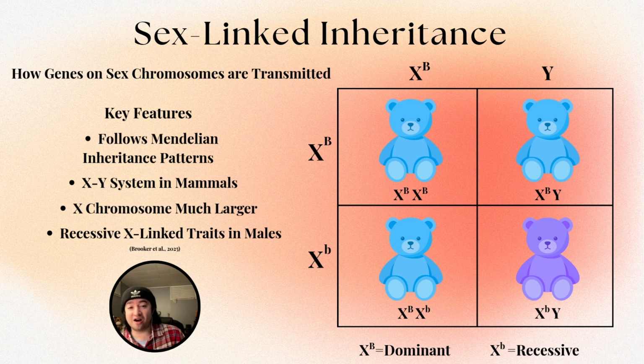So this Punnett square shows the combination of a blue male and a blue female and their estimated offspring. As you can see, most of the offspring will have blue fur, while one male will have purple fur. This is because this male will receive a recessive gene from the mother, which is found on the X chromosome.